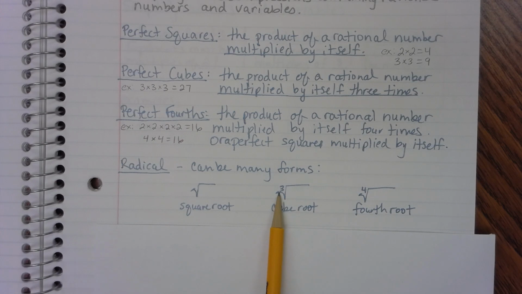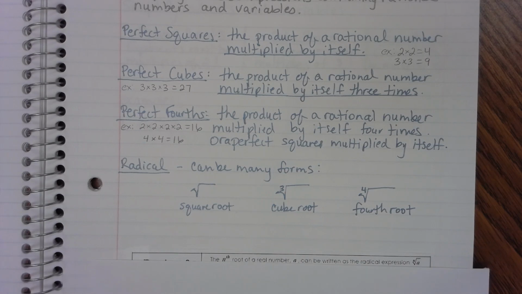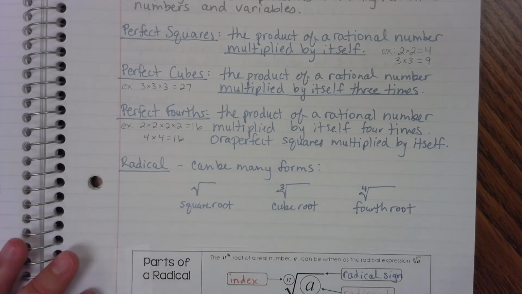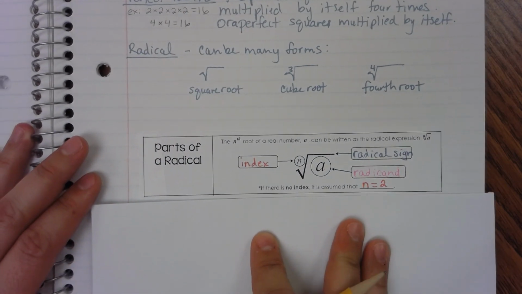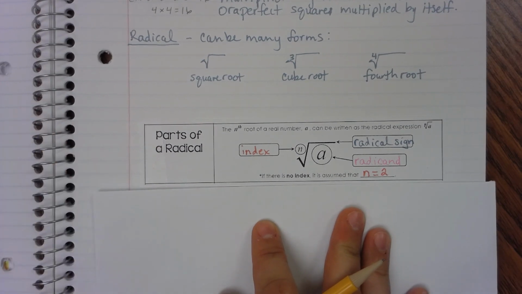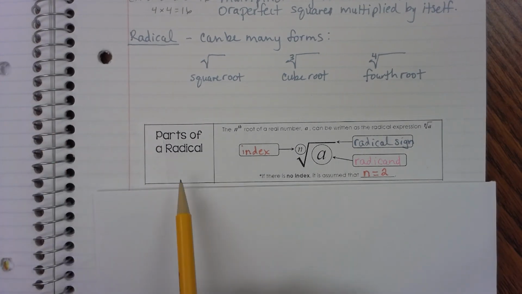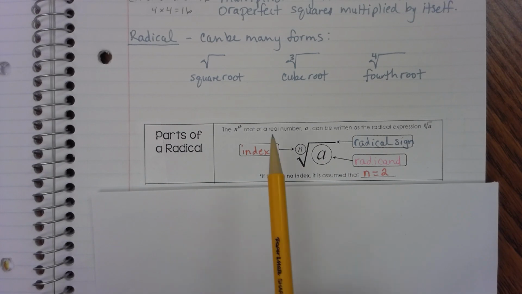If there is no index, which we'll talk about in just a minute, then we assume that it is a square root and we're looking for the perfect squares. You should have picked up this piece of paper when you got your computer. So go ahead and tape this or glue this into your notebook.